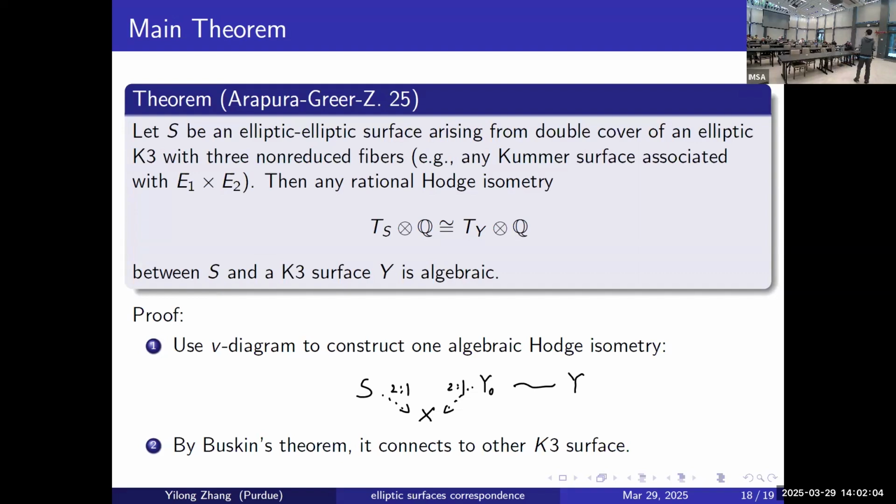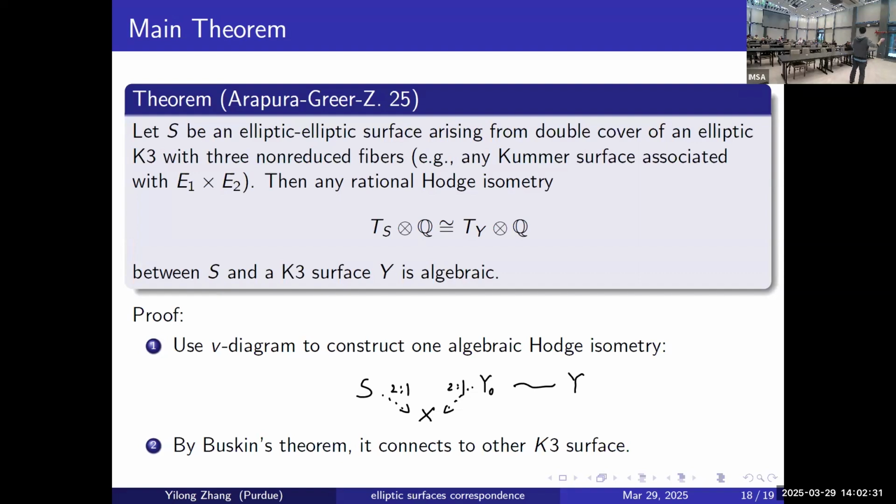So the way we proved it is sort of already explained in the previous slide. We construct this so-called V diagram, and the base is the K3 surface. And the V diagram gives a Hodge isometry between the elliptic surface, this double cover of the K3 surface, and the K3 surface, constructed by Shioda-Inose.